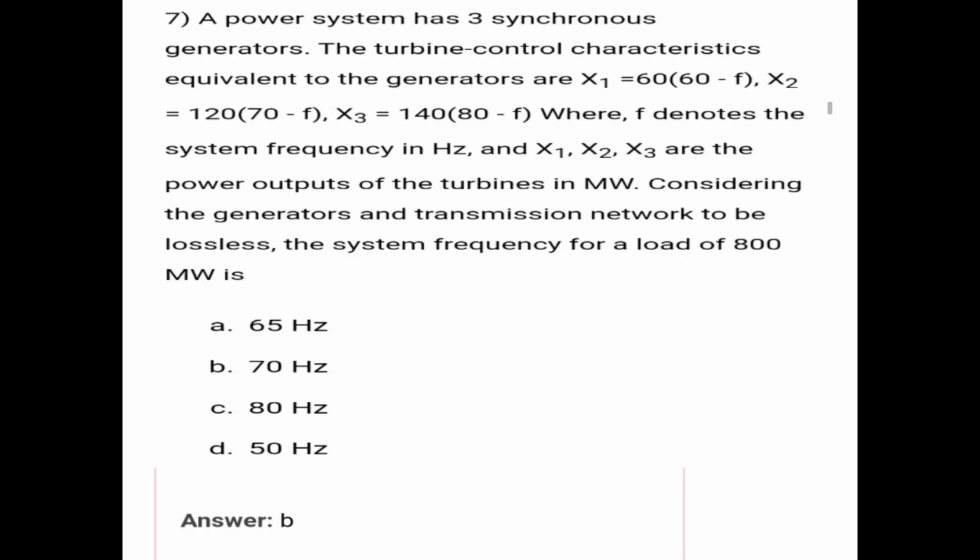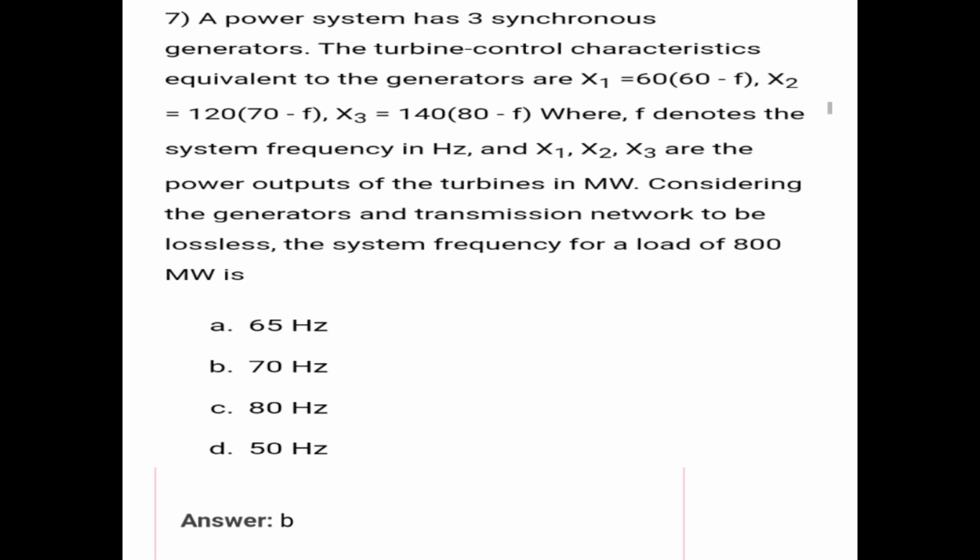Next question: a power system has three synchronous generators. The turbine control characteristics equivalent to the generators are x1 = 60(60 - f), x2 = 120(70 - f), and x3 = 140(80 - f), where f denotes the system frequency in hertz and x1, x2, x3 are the power outputs of the turbines in MW, meaning megawatt.